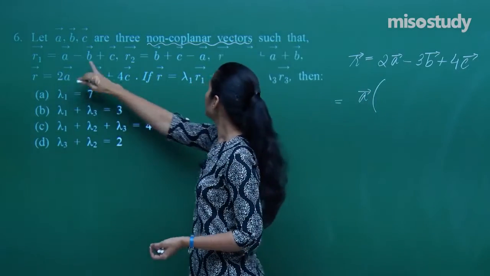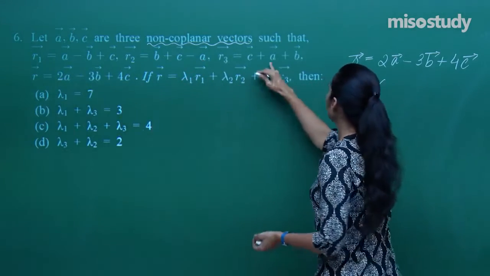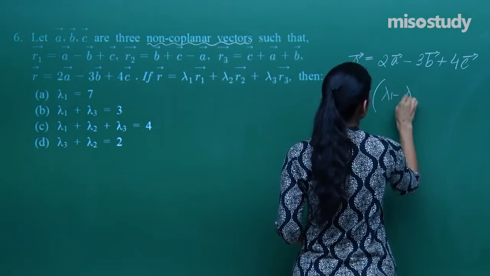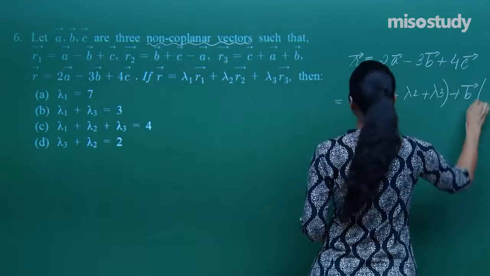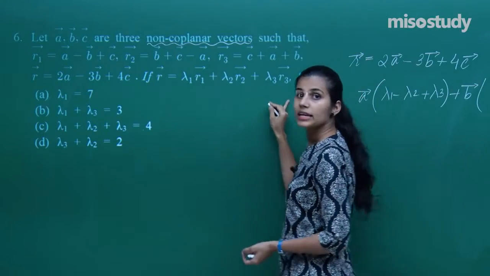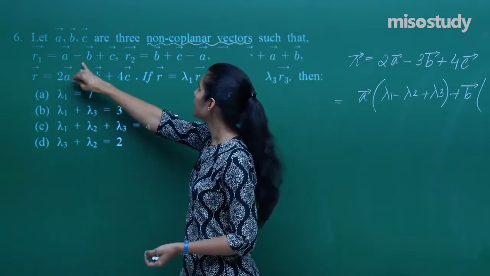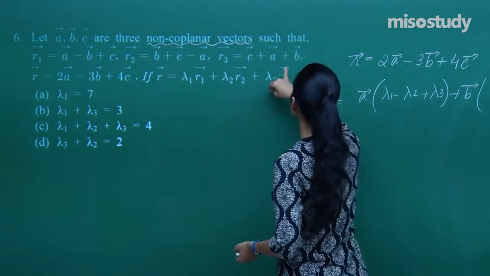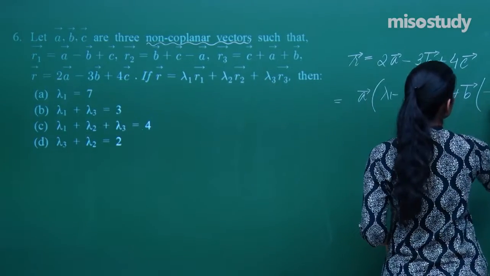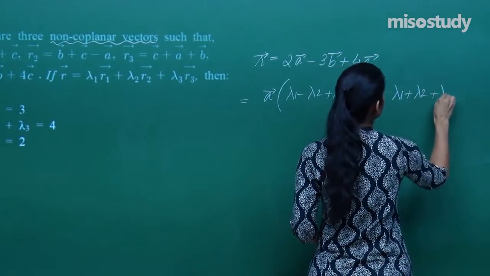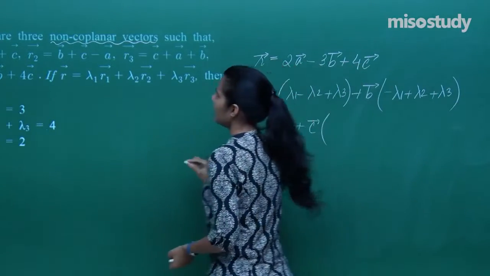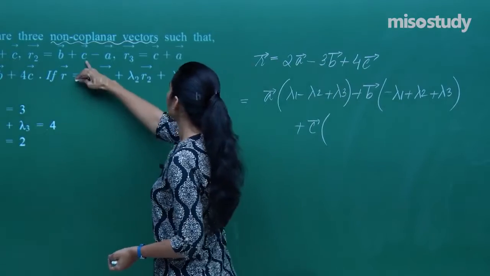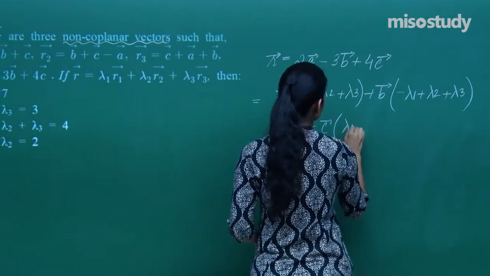Then I have lambda 1 minus lambda 2 plus lambda 3, plus b vector common. If b vector is coming out common, I get minus lambda 1 plus lambda 2 plus lambda 3, plus c vector, and then I'm going to have lambda 1 plus lambda 2 plus lambda 3.